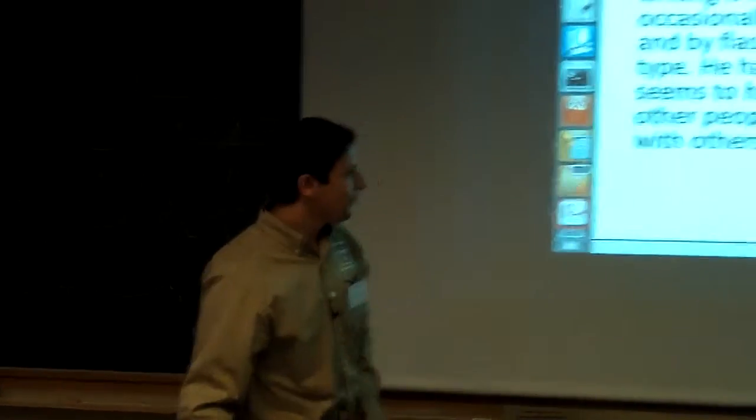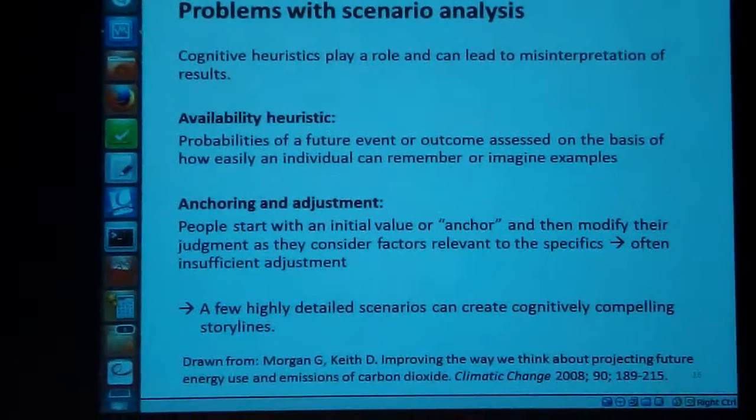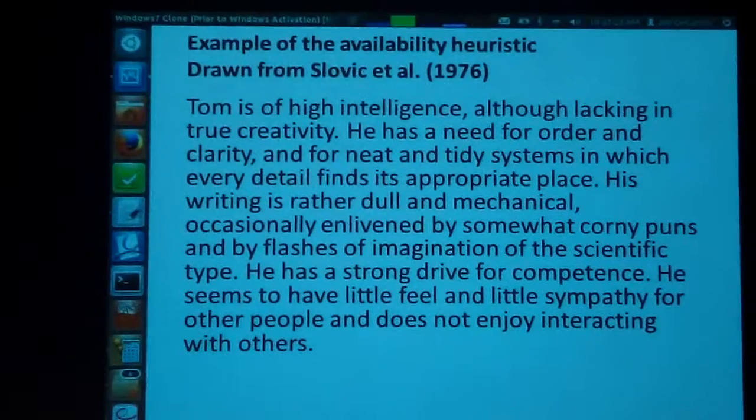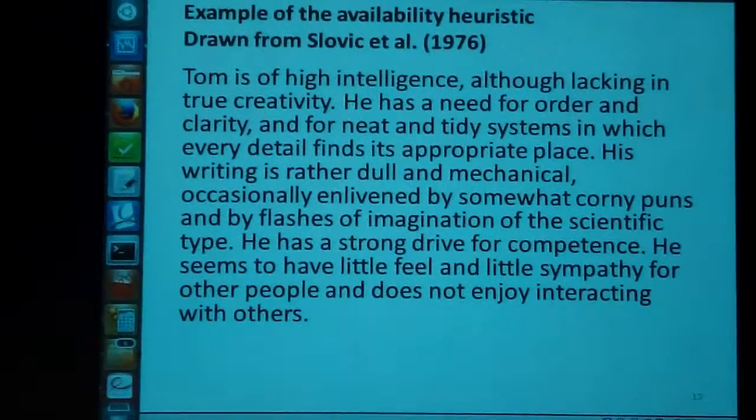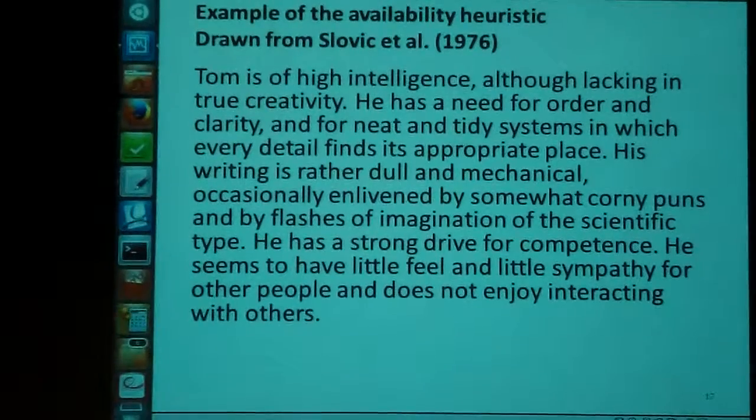So here's an example of the availability heuristic and how it works. I apologize, this plays off of lots of different stereotypes. This is drawn from a paper published in 1976 by Paul Slovic. Let me just read this scenario to you. Tom is of high intelligence, although lacking in true creativity.